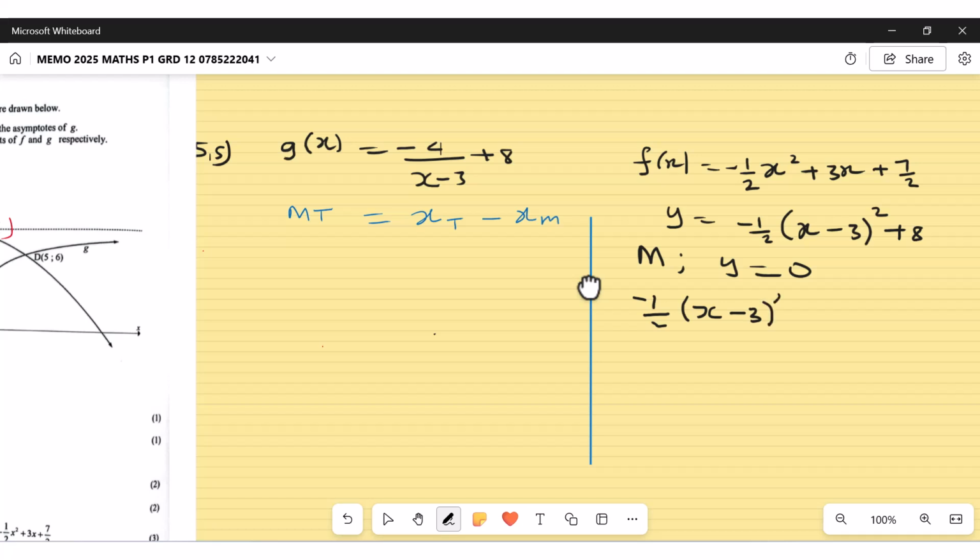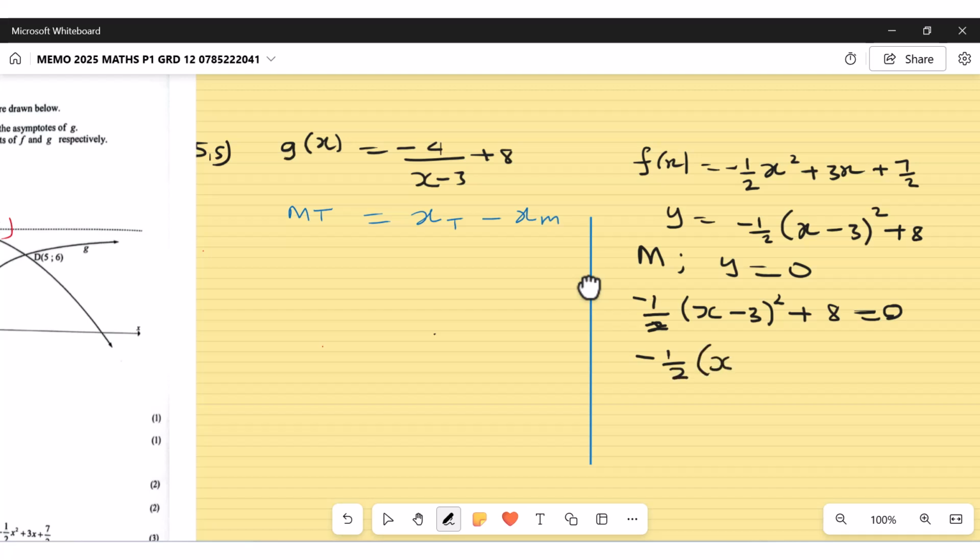Okay, so here I can bring the 8 to the other side. I can say negative 1 over 2 times (x minus 3) squared equals negative 8.